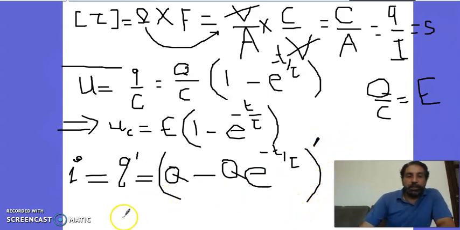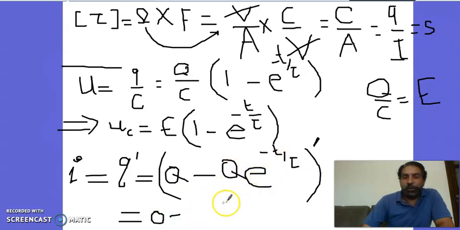Okay, good. Now let's do the derivative. What is the derivative of Q? 0, yes, because Q is constant. The derivative of a constant is 0, so this is 0. Minus, this is minus. What is the derivative of Q exponential? Q is constant. And derivative of exponential e power u is u prime e power u.